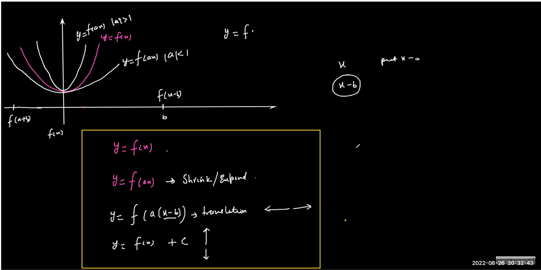Okay, so what I'm trying to say, if I do all, I can write if x, we replace the input as a into x minus b plus c. I'm doing everything. So what does this a represent? Scaling. What does this b represent? Horizontal shift. What does this c represent?